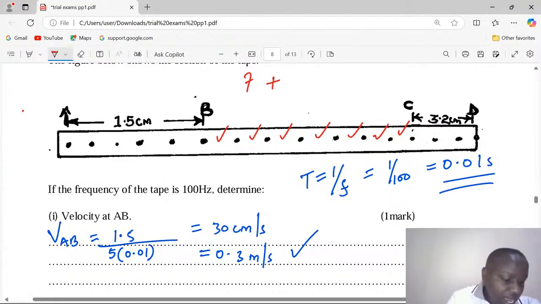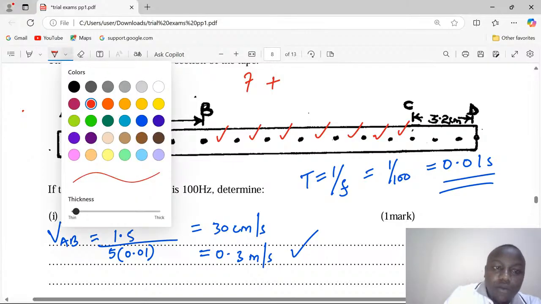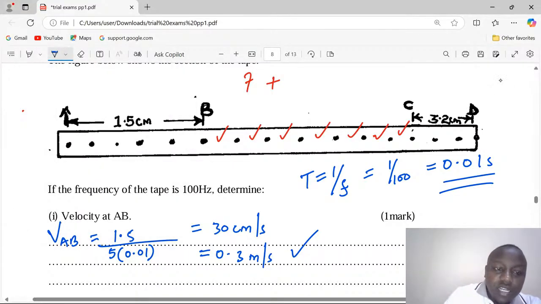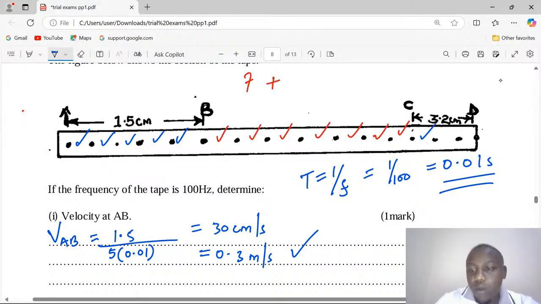Then we add. Within the regions themselves, we take half the dots. For example, at this point we are having 1, 2, 3, 4, 5, and on the other side 1, 2, 3. So 5 and 3, we take the half. So 8 divided by 2, we get 4.